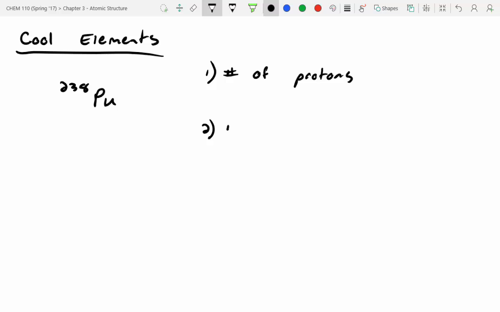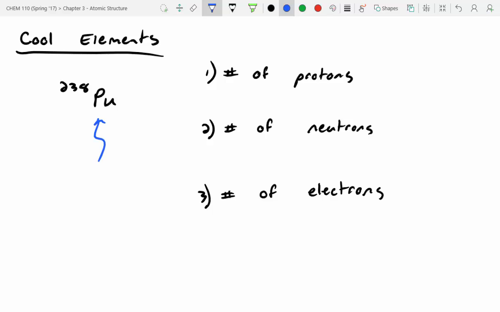Second thing I want to know is the number of neutrons. And third is the number of electrons. Then also, does anybody know what Pu stands for? Plutonium.